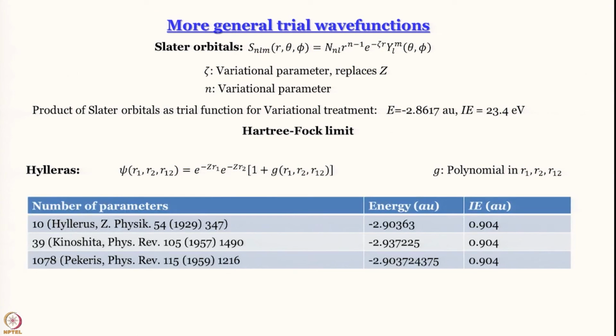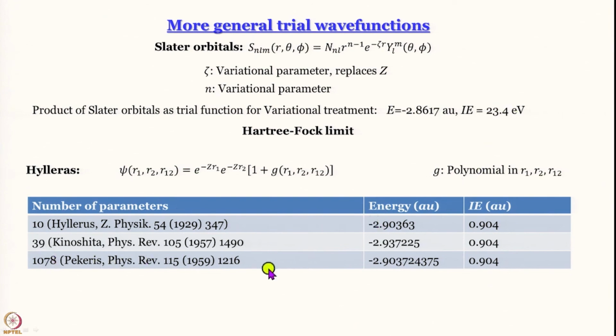So, as you see, as computational power grew from 1929 to 1957 to 1959, this was the timeline I was talking about earlier, Hylleraas used 10 terms, he could use only 10, right. I do not know what kind of computer Hylleraas had, if at all, perhaps he did everything by hand. He got an energy of minus 2.90363, an ionization energy of 0.904, which is a remarkable improvement over what we had earlier, remember.